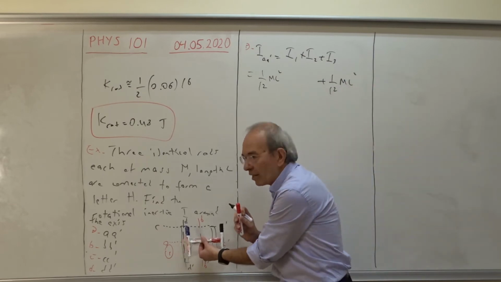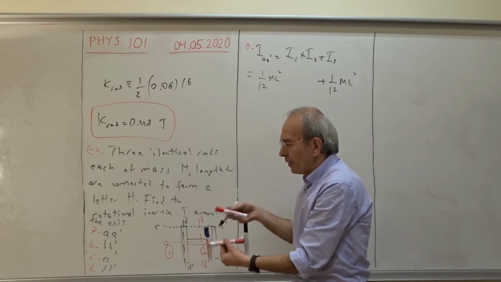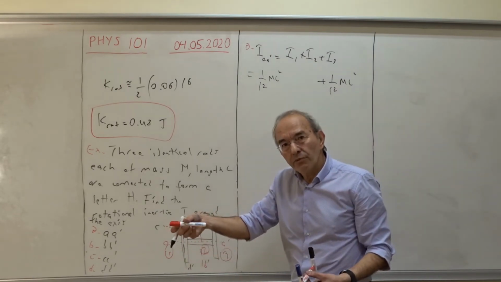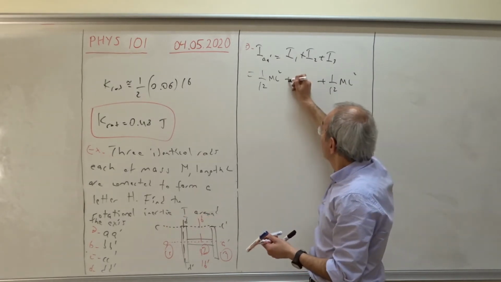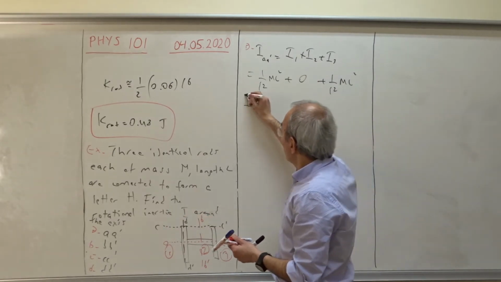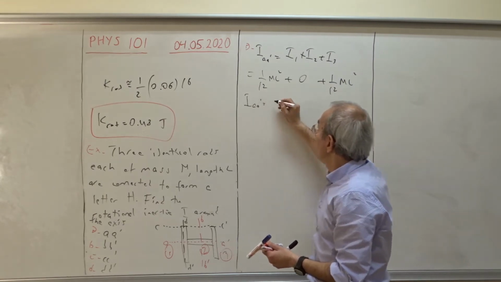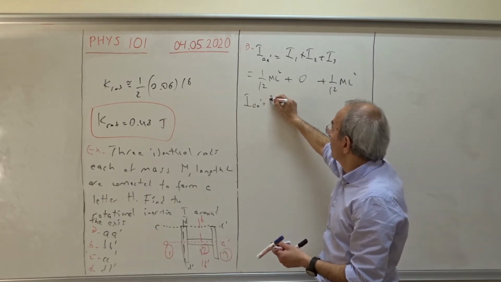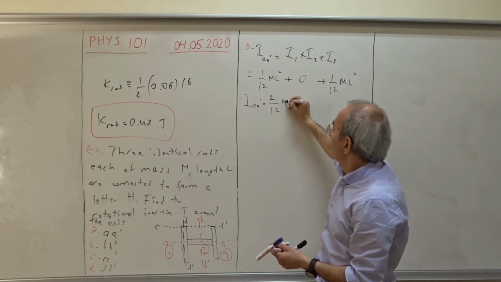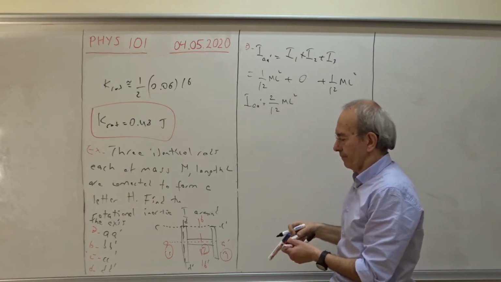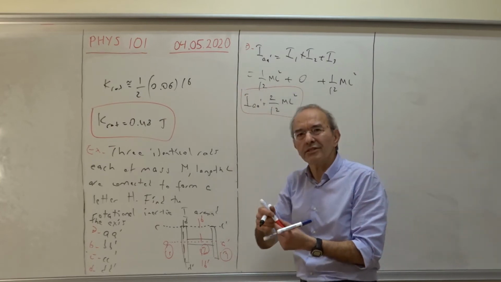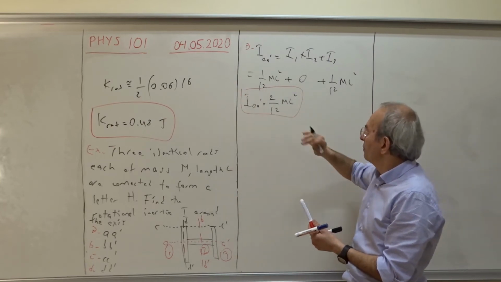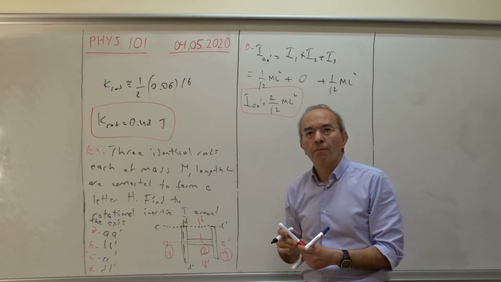But the horizontal one, the middle one, is just turning like this. As I said before, there is no contribution. It can be taken as 0. So IA prime is just 2 over 12 m times L squared, or 1 over 6, but let's keep 2 over 12.